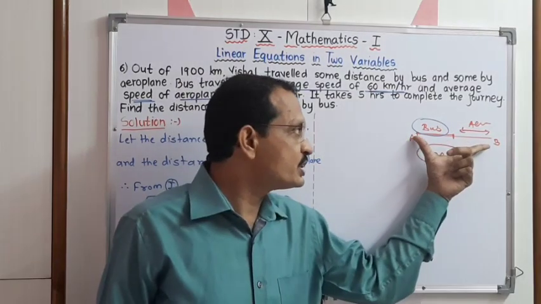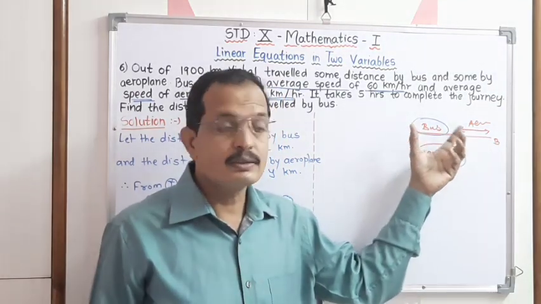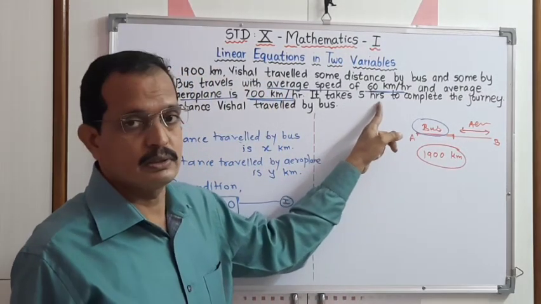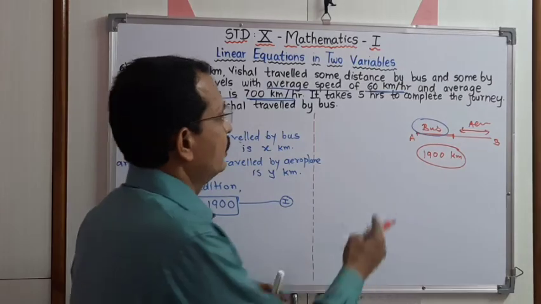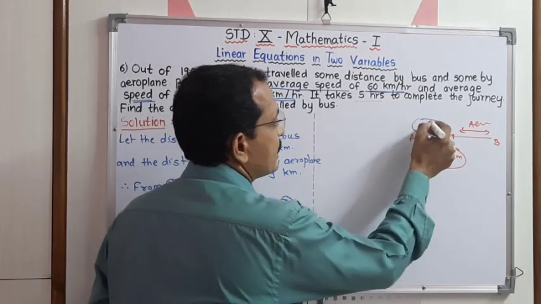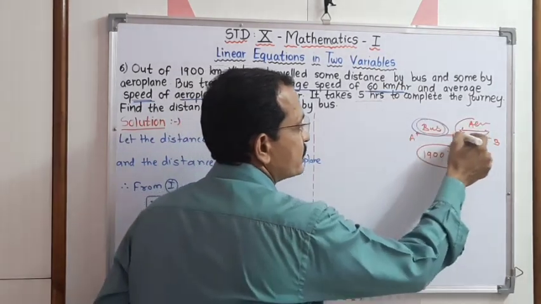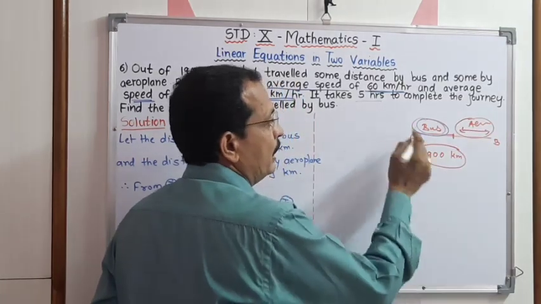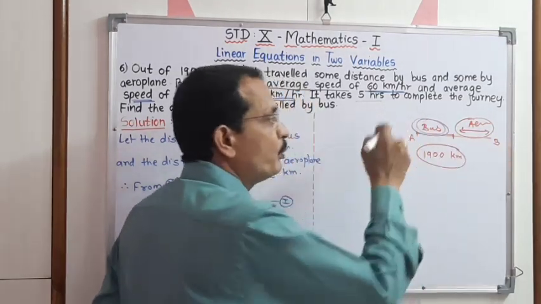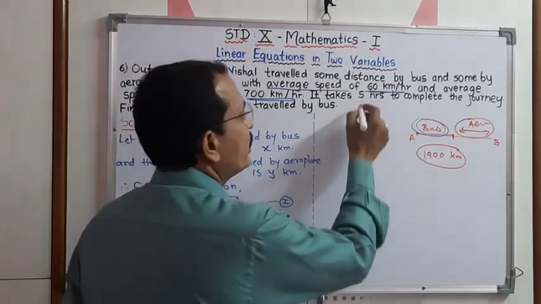To complete distance AB, he takes how many hours? 5 hours. Now see here, some distance is traveled by bus and some distance is traveled by aeroplane.